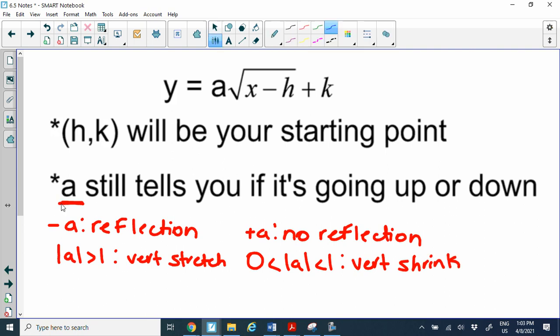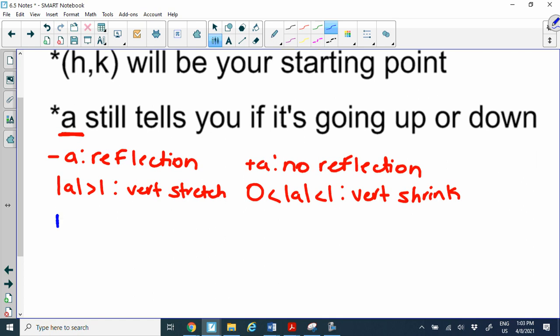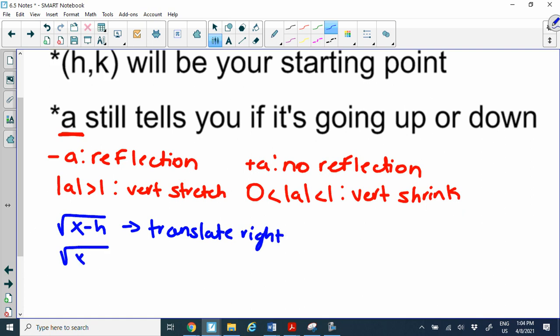Now the other thing is to talk about our h and our k. So remember, if we have square root of x minus h, that means we will translate right. And if we have a square root of x plus h, that means we will translate left.